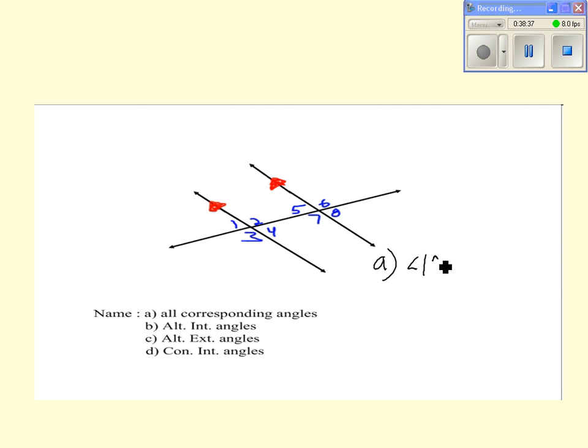So we know angle 1 is congruent to angle 5. Give me another pair of corresponding angles. Angle 2 is congruent to angle 6. Another pair. 3 and 7. So angle 3 has to be congruent to angle 7. And the last pair, 4 and 8. Angle 4 is congruent to angle 8.